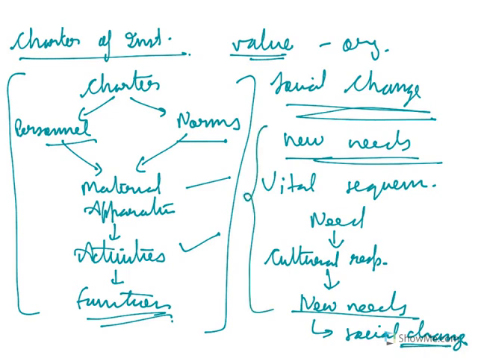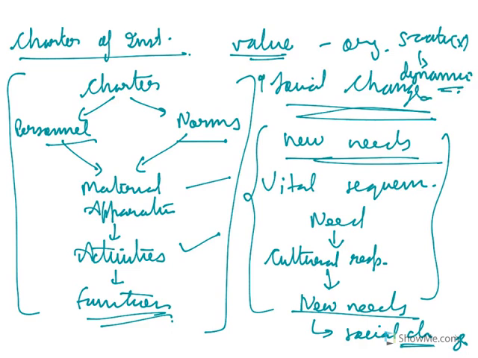And through this, he argued that culture was not static but dynamic. So culture was a dynamic entity as there was social change due to creation of new needs.